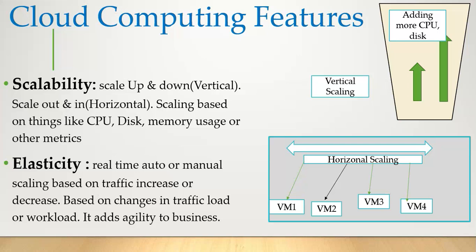Let's say we have two servers currently in the load balancer pool serving, and we see the load is increasing. So we can add one or two more nodes into the pool, so that we will not face any performance issue.